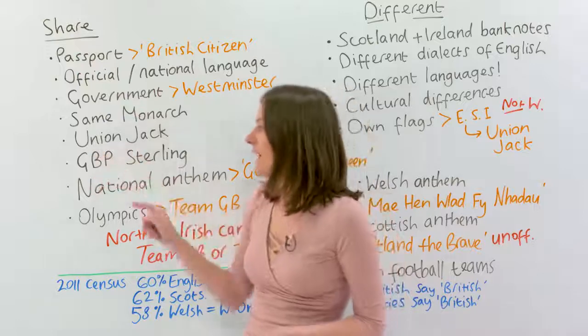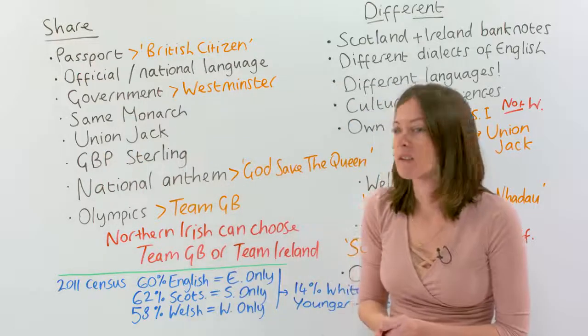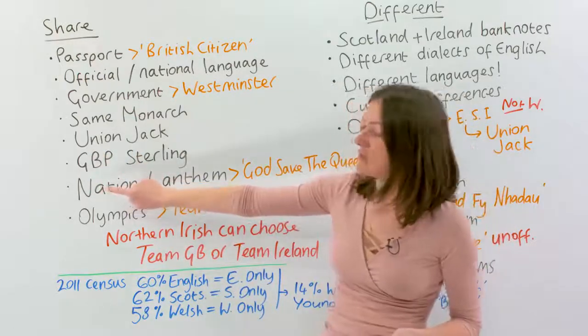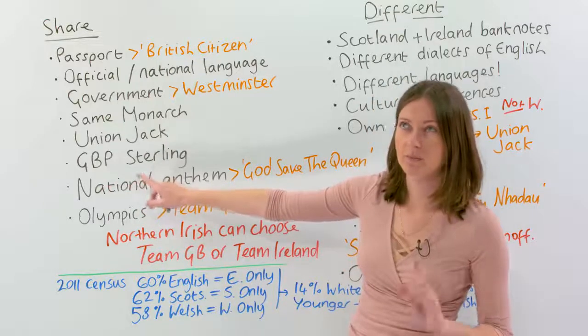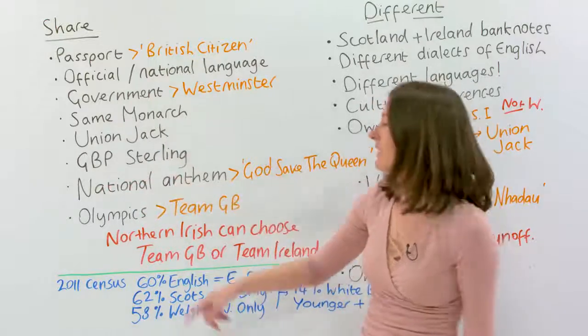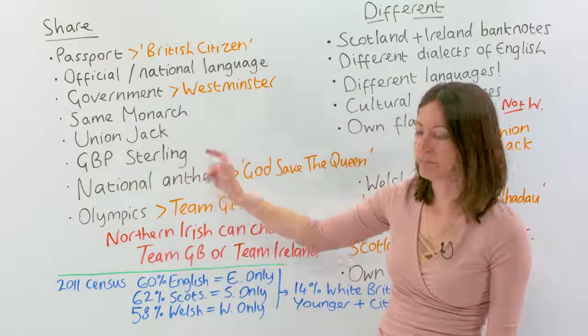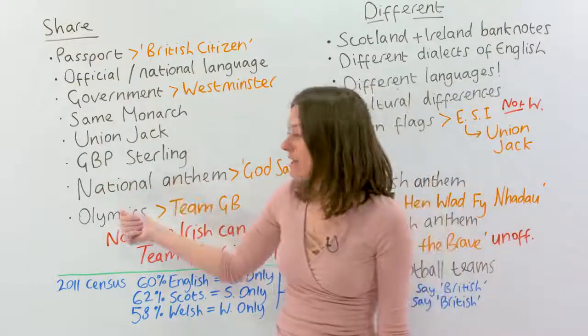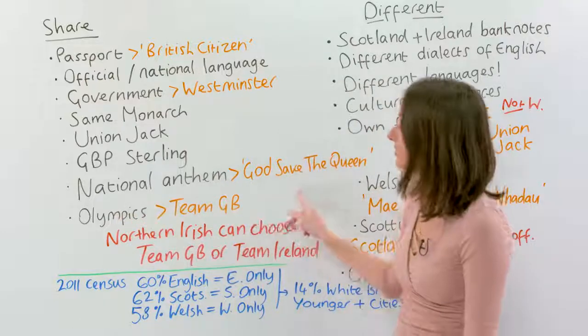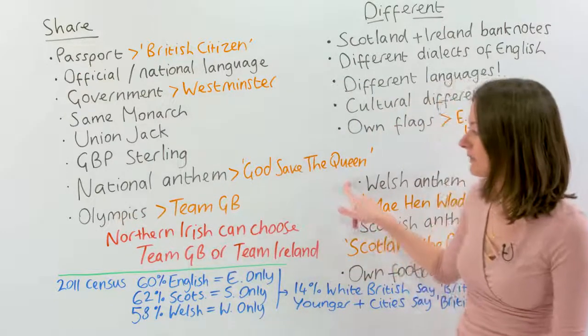We share the same flag, which is the Union Jack flag. We use the same money, well, we use the same currency, which is the Great British Pound, sterling. We share the same national anthem, which is God Save the Queen.